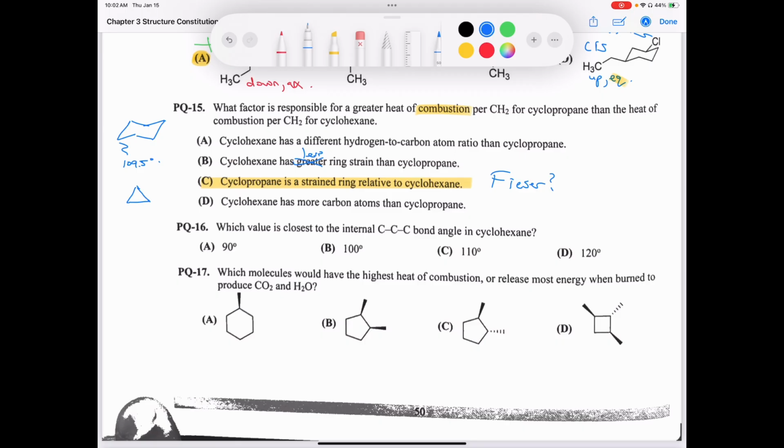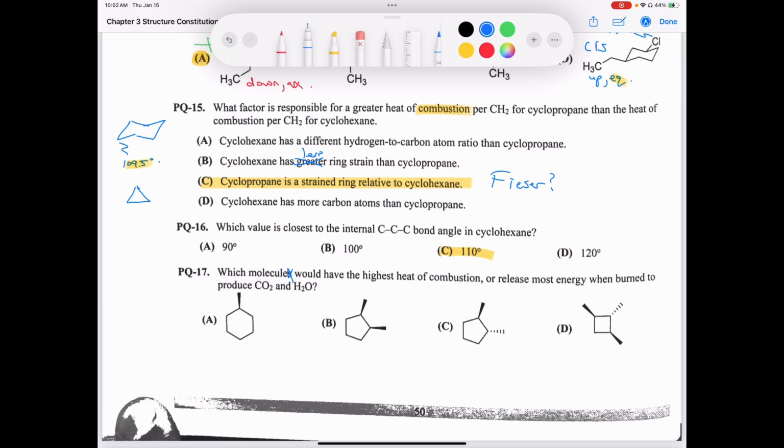All right, we kind of answered question 16 already. I told you that the bond angles in cyclohexane were 109.5 degrees, which is closest to 110. Which molecules, I think this is a typo in the manual. Since there's only one answer, it should be which molecule would have the highest heat of combustion, or release the most energy when burned to produce carbon dioxide and water.